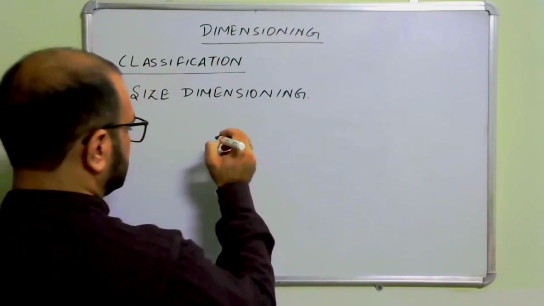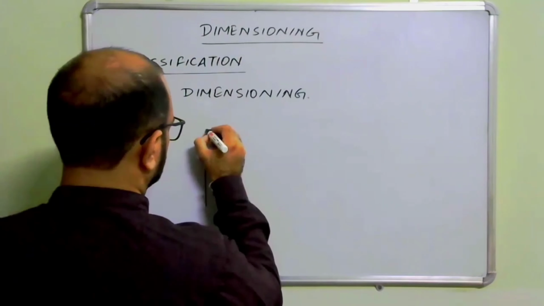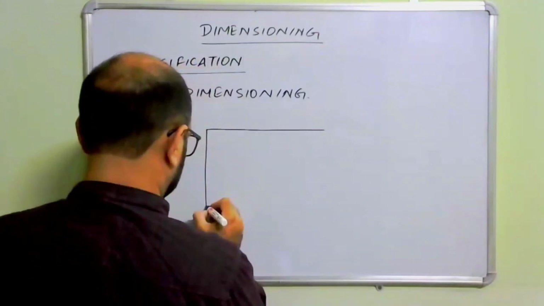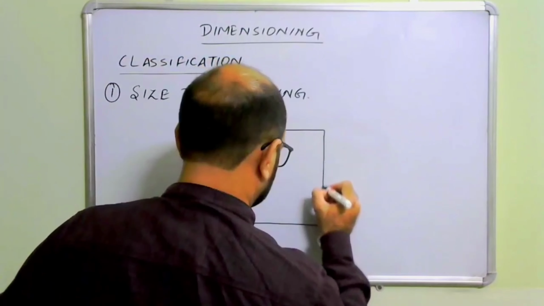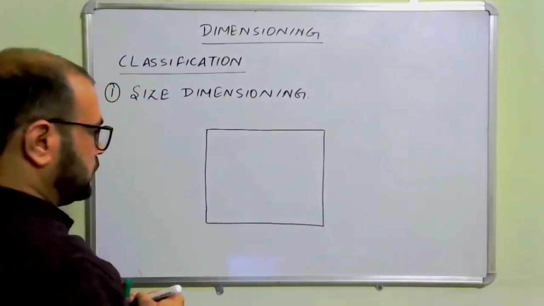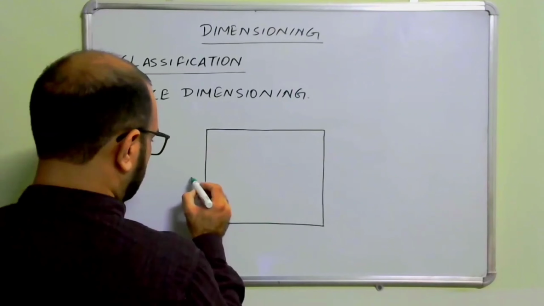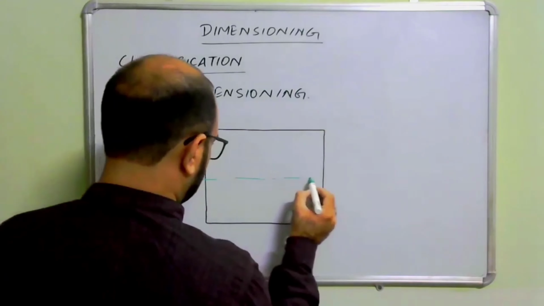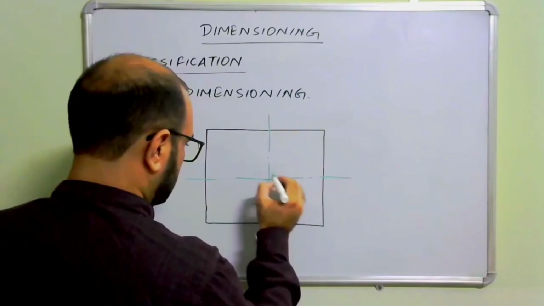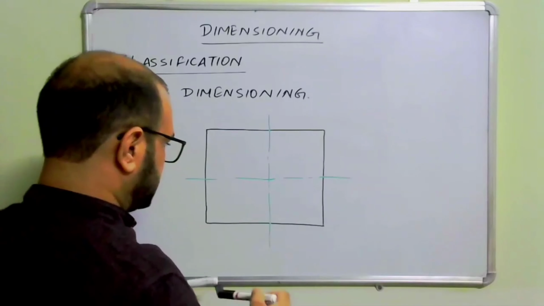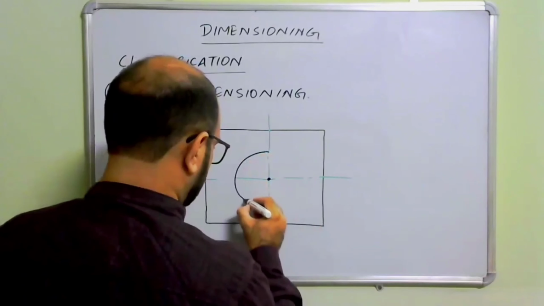let us say I have this object. This is a rectangular plate and there is a hole in between. Let us suppose this is the center and you draw a circle over here like this.